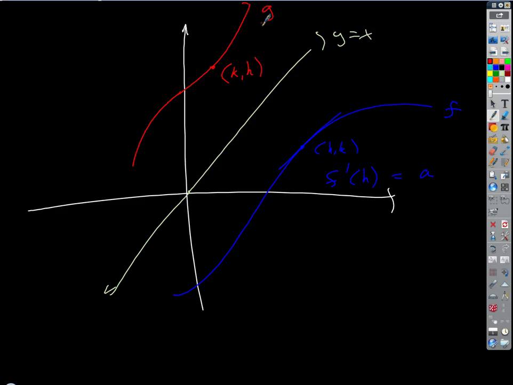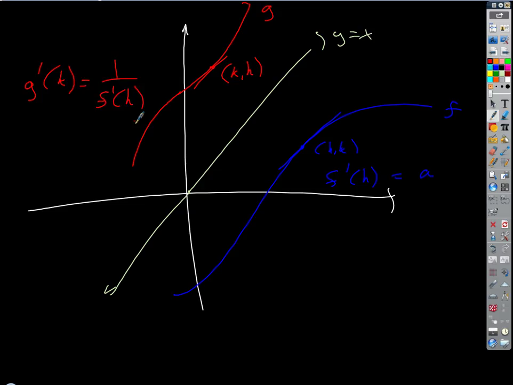And if this is g, then g prime of k is just going to be the reciprocal of that one. If this had a slope of 5 and it was steep, this would have a slope of 1/5 and be shallow. So g prime of k is equal to 1 over f prime of h.